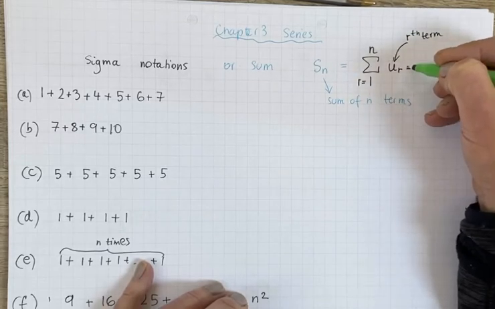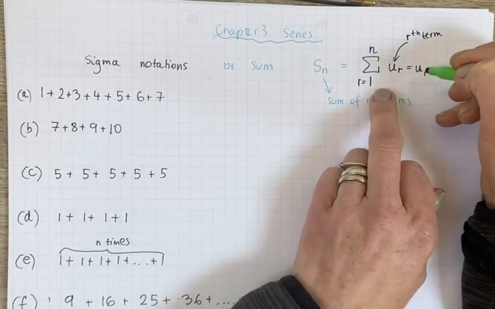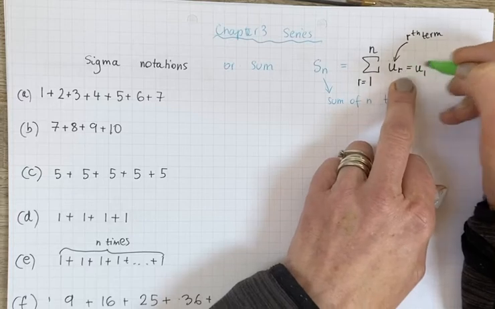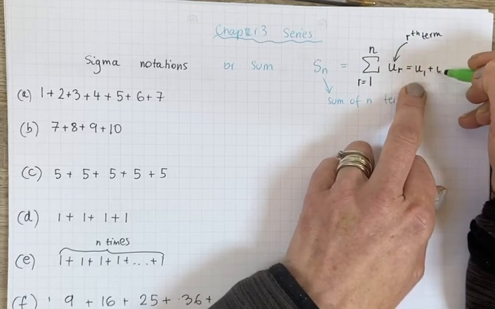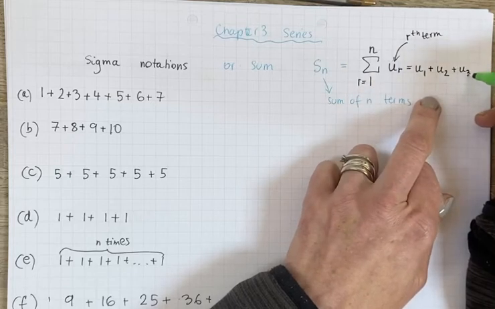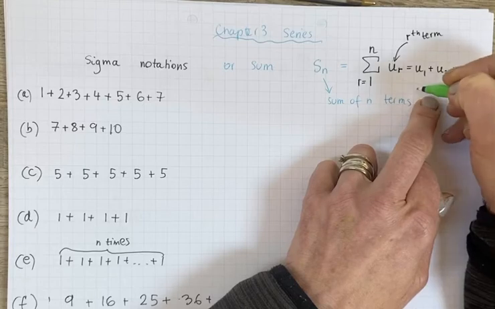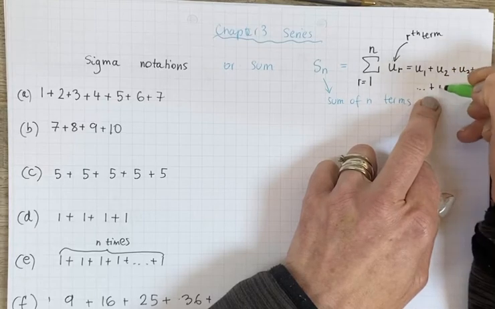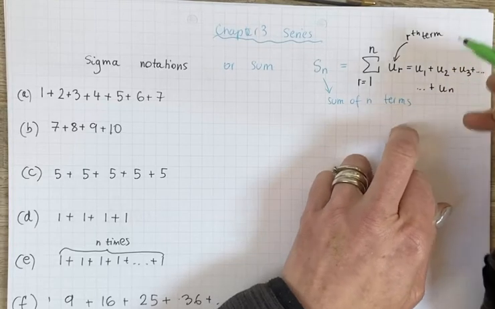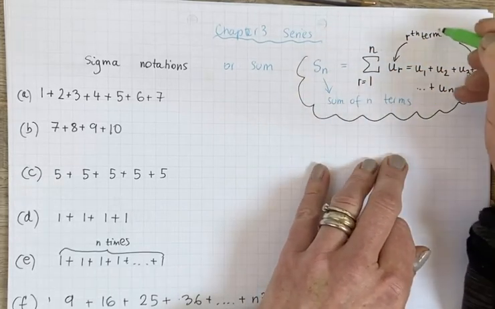So that would be u1. So whatever I get, if I substitute 1 into that, add u2, add u3, add all the terms up to un. So this is what sigma notation means.